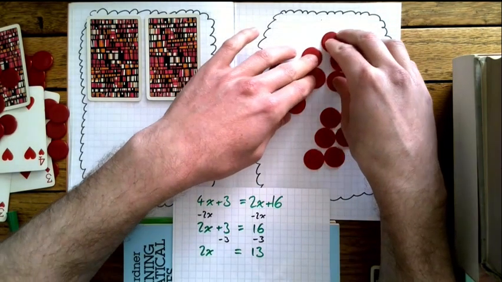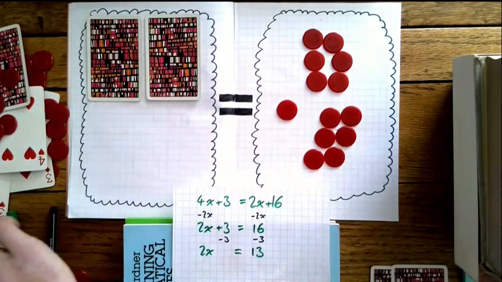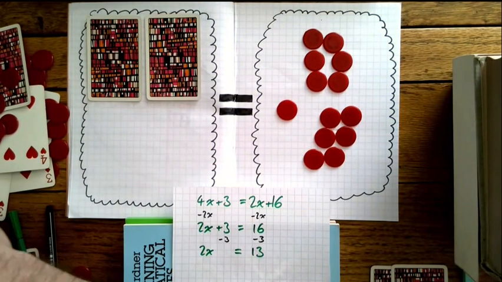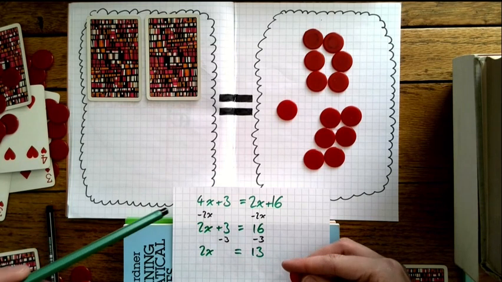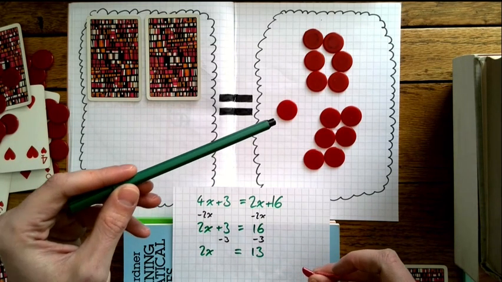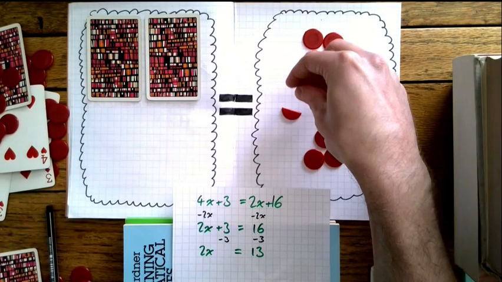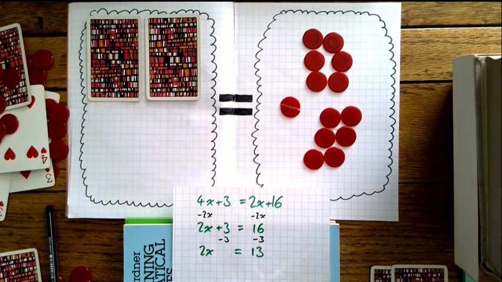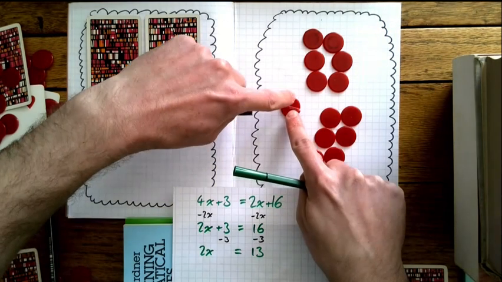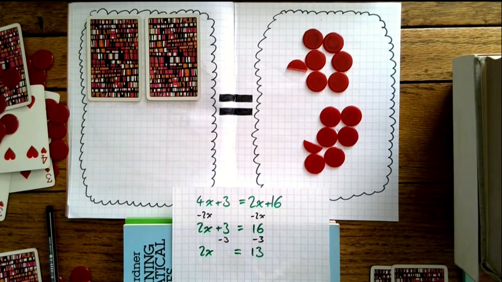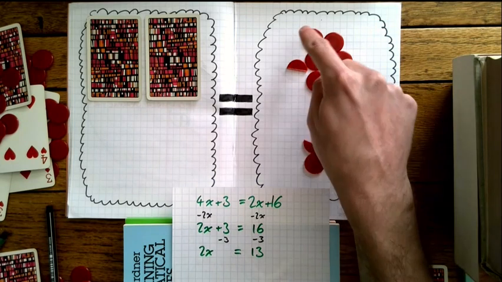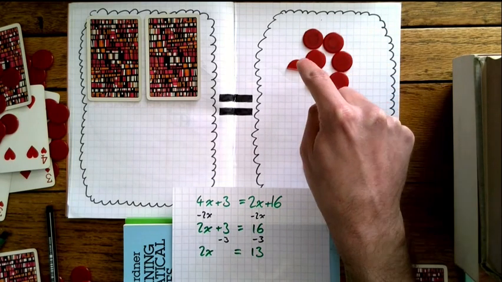1, 2, 3, 4, 5, 6. Oh, it's an odd number, so we can't group it exactly. So, with a bit of trickery, maybe shut your eyes for this bit. There we go. That's useful, isn't it? Now let's split this up. I've got it in exactly 2 piles. Okay. So, 1, 2, 3, 4, 5, 6 and a half.